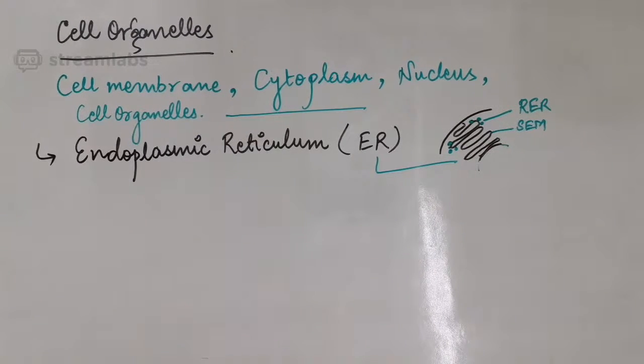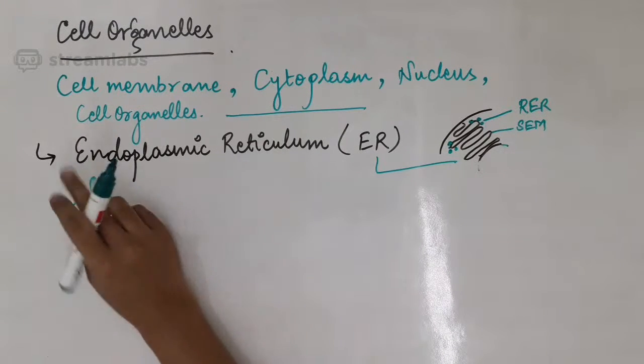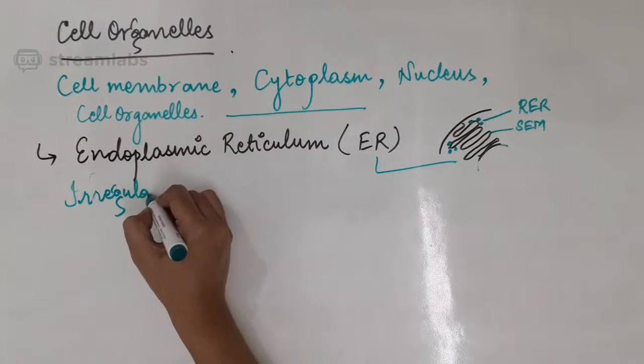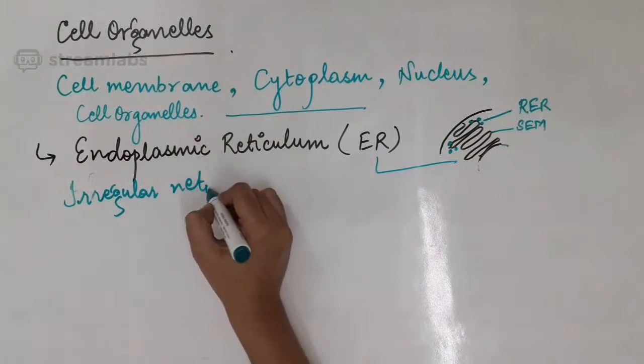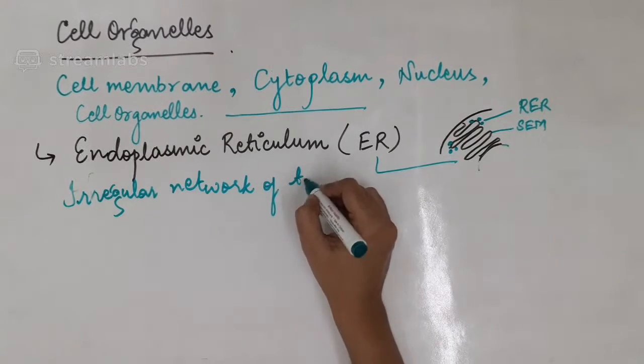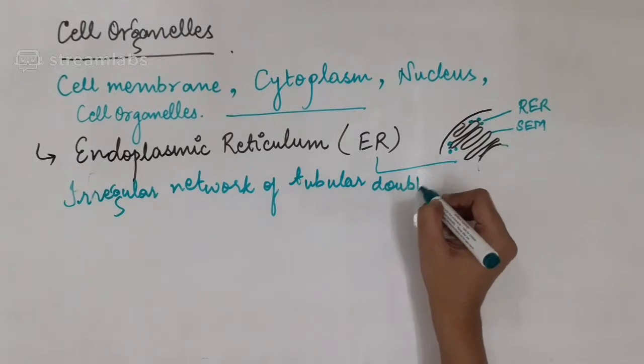So if you want to define the endoplasmic reticulum, you can write it is an irregular network of tubular double membrane.